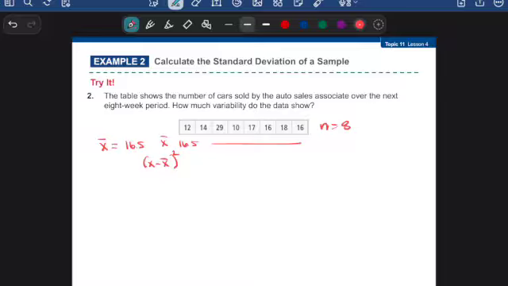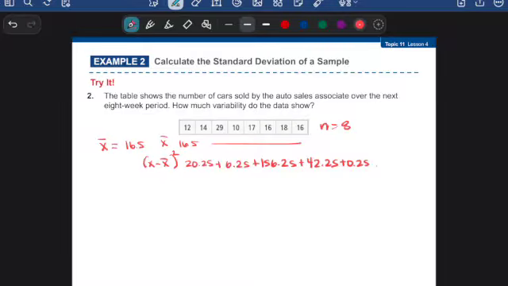So 12 minus 16.5 and then squared, we would get 20.25. 14 minus 16.5 and then squared, we would get 6.25. 29 minus 16.5 and then squared, 156.25. 10 minus 16.5 and then squared is 42.25. 17 minus 16.5 and then squared, not much difference, 0.25. 16 minus 16.5, same difference.